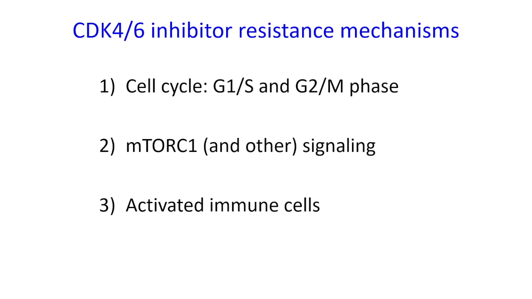What I wanted to focus on a little bit were the resistance mechanisms, because I think, when you're giving CDK4/6 inhibitors, not all patients are benefiting from them, and some patients benefit and later their tumor will progress. So really, there is resistance in almost all tumors to CDK4/6 inhibitors, depending at the stage that you give them.